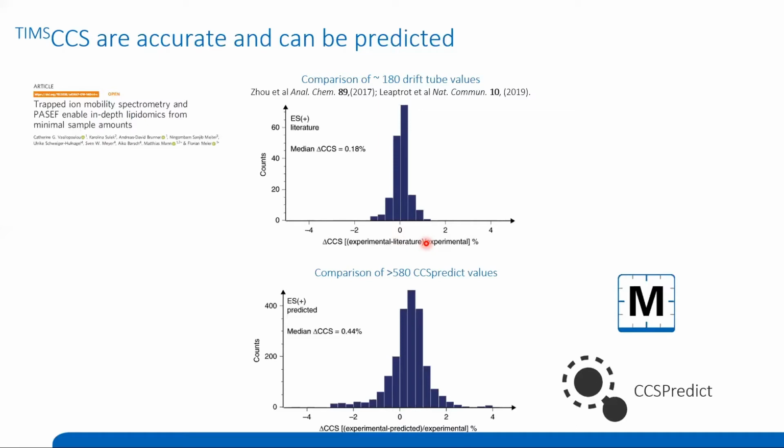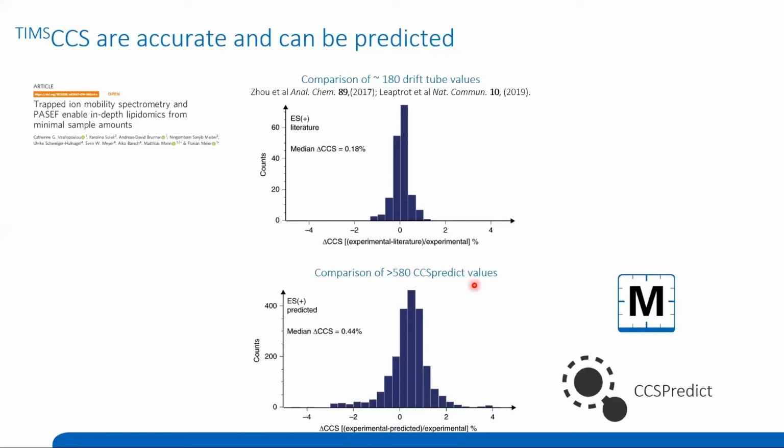Now, as well as seeing an increase in CCS libraries, we're also seeing a large increase in CCS prediction. So here on the bottom, we employed a CCS prediction model to see if we can predict different lipid CCS values. And again, you see the reproducibility is very good. So between the values that are measured using TIMS and those which can be predicted, you have a typical error of less than 2%.